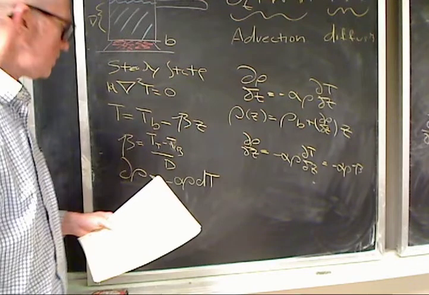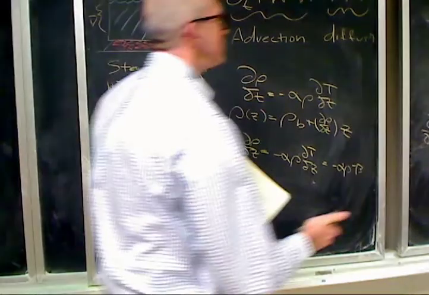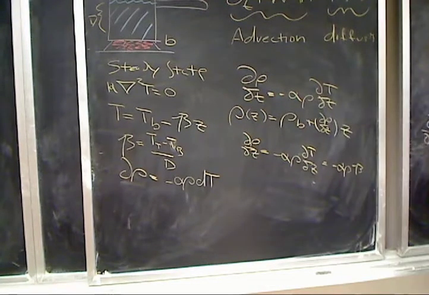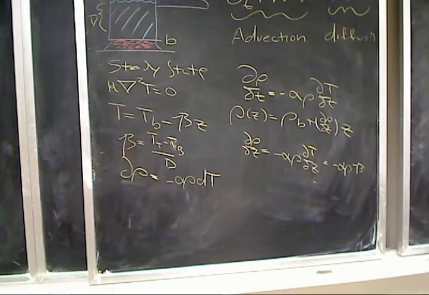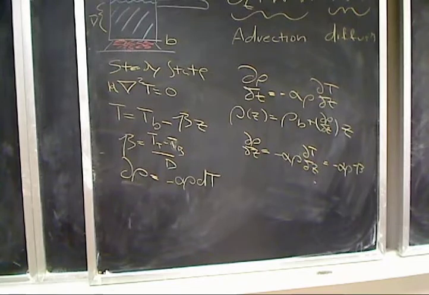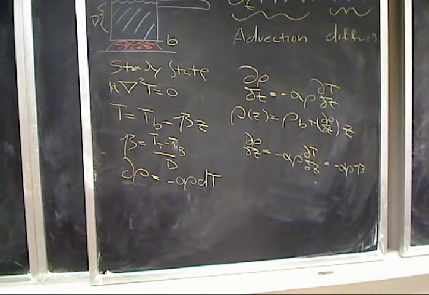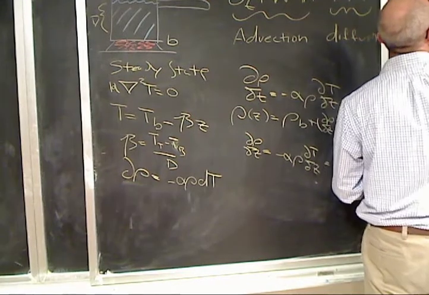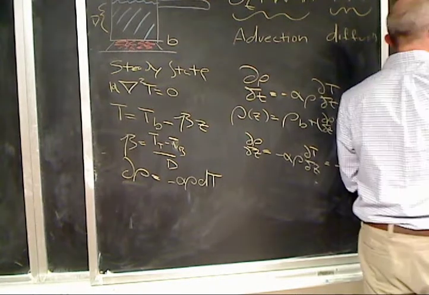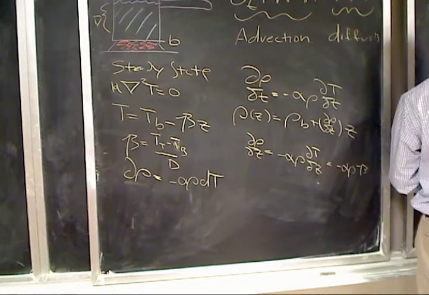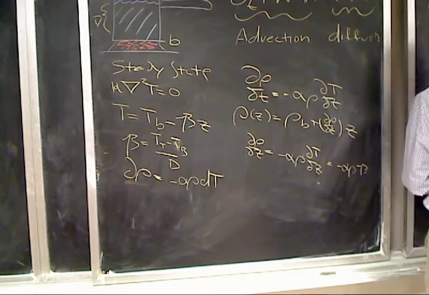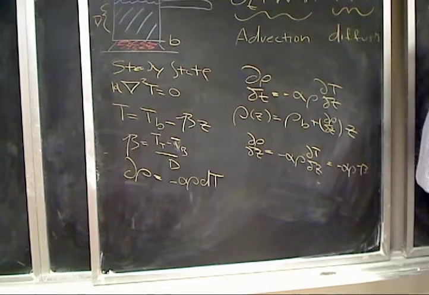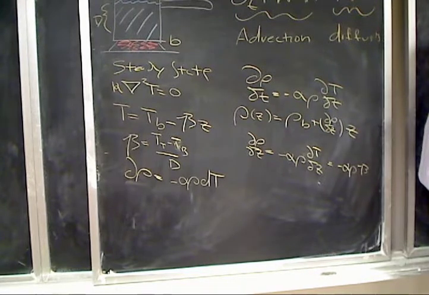Okay, so let's see. I'm going to go over here and write down our equilibrium solution on this board over here. I'll need it in a second. Rho naught of z is the density at the bottom of the fluid plus z times minus alpha beta rho at the bottom.